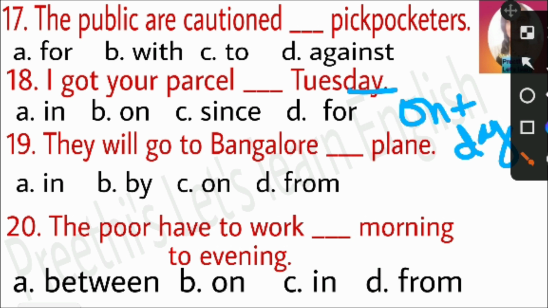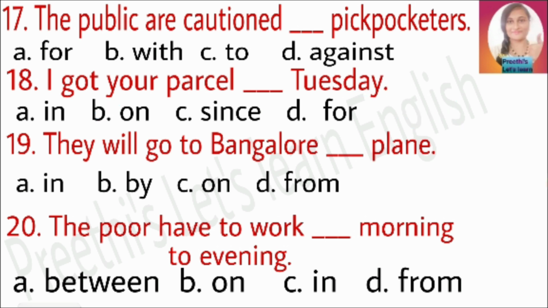Whatever the day, we have to use on plus day, whether it is Children's Day, Republic Day, Independence Day, Mother's Day, or the weekdays like Monday, Tuesday, Wednesday, whatever. So before the day we have to use the preposition on. The correct answer is option B, on. I got your parcel on Tuesday.